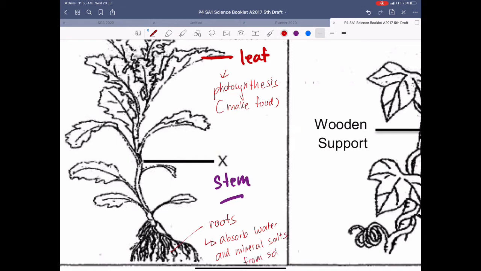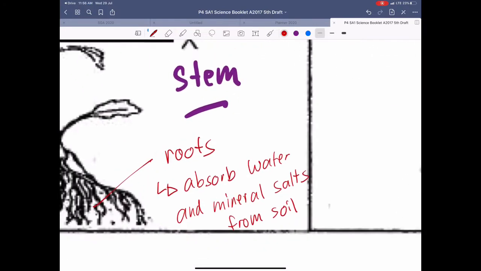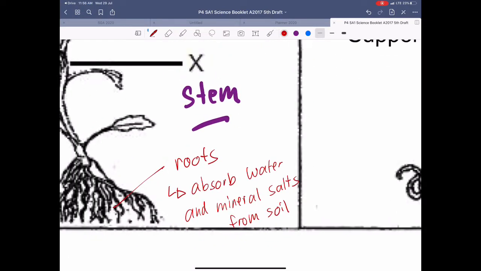Whenever you talk about function, you should always tell me, especially when the function is a transport, what I mean by that. For example, roots absorb water from where to where. Don't just tell me, absorb water, but I need to know where it is from and to where it goes. It's very important.